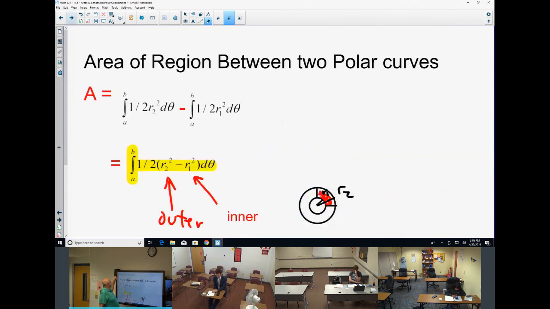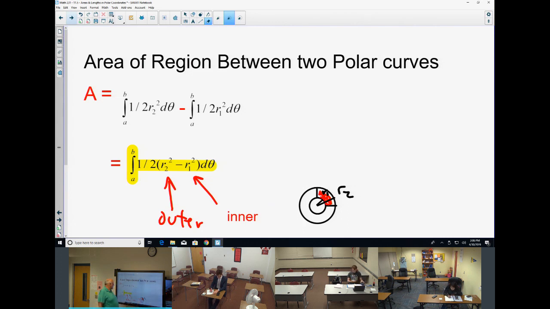All right. So now let's say we have the area between polar curves. Now in addition to having the angles be our limits of integration, we also can have two different radii.